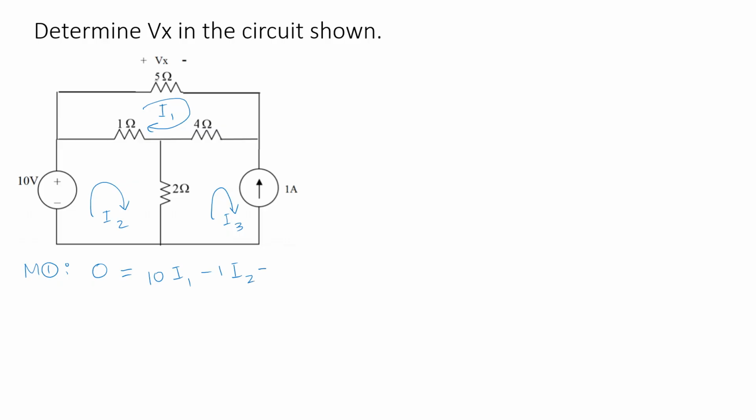Also, there's a common resistance between meshes 1 and 3. So we multiply the common resistance 4 by I3 and subtract it from the equation.